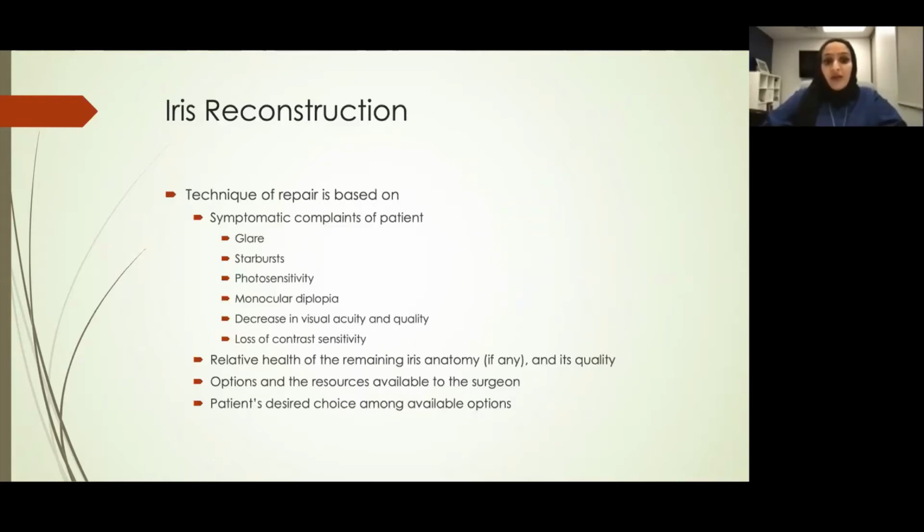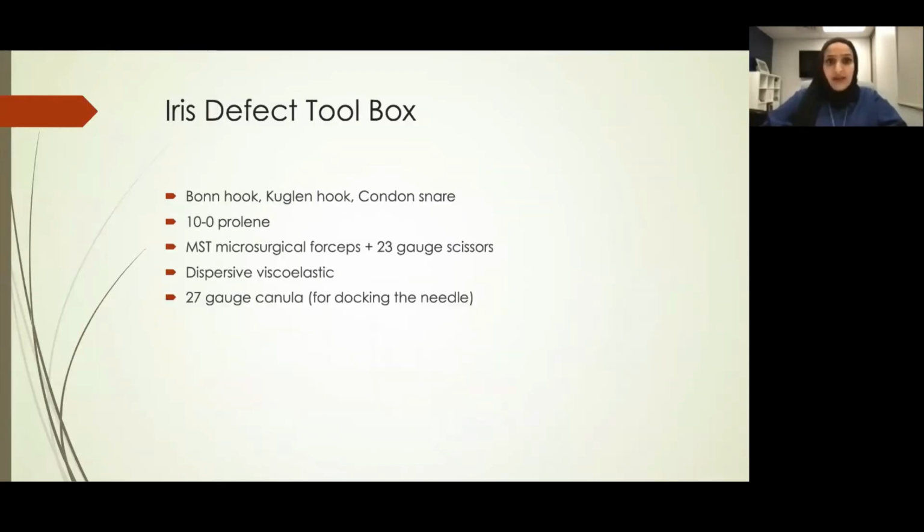The technique of repair also depends on the relative health of the remaining iris and its anatomy, if there is any remaining iris, the options and resources available for the surgeon, and even the patient's choice among the available options. Some patients are only concerned with function and don't care about cosmesis. Other patients are meticulous and want perfect cosmesis.